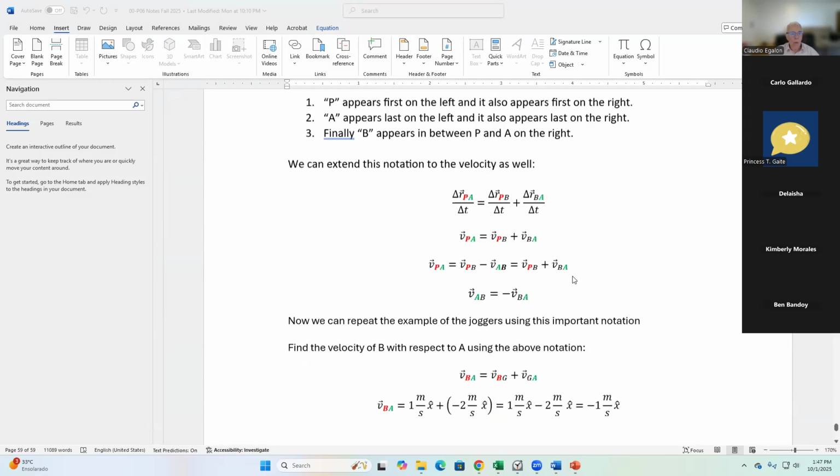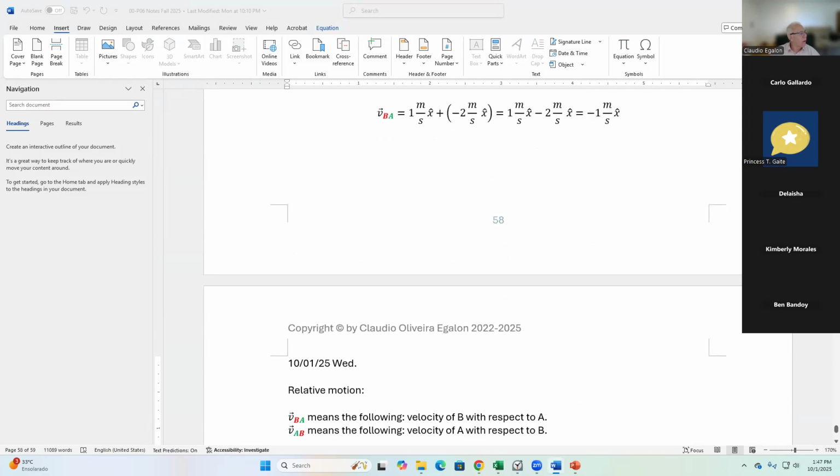And now let's do one interesting example. We did examples of relative motion in the one-dimensional space.